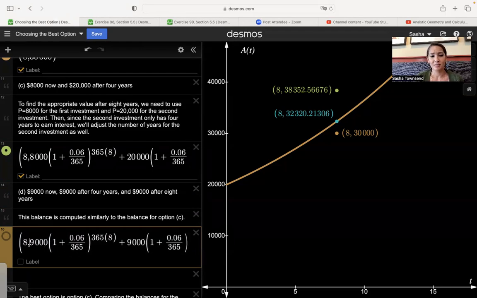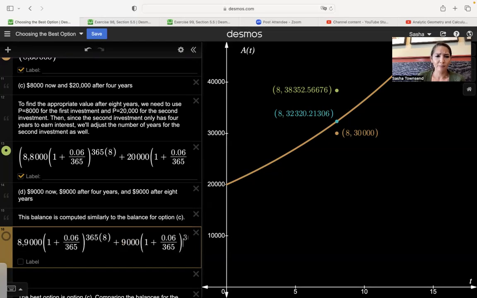One for the first $9,000, which is 9,000 times 1 plus the interest rate divided by 365, all raised to 365 times 8, because we're leaving that $9,000 alone for 8 years. Then we've got another investment of $9,000 4 years later. So you have 9,000 times 1 plus the interest rate over n, that 365, raised to 365 times 4, because it's only left in there for 4 years.